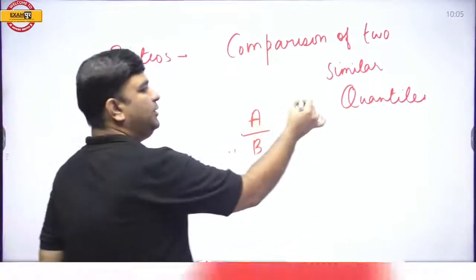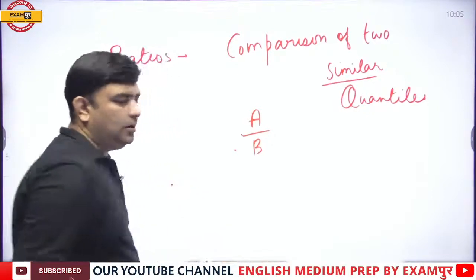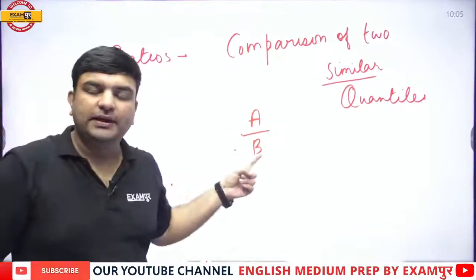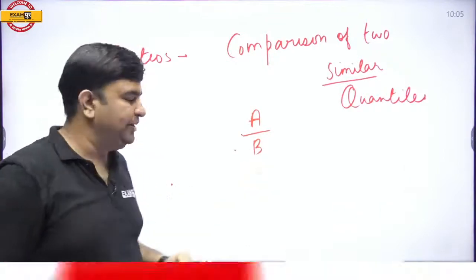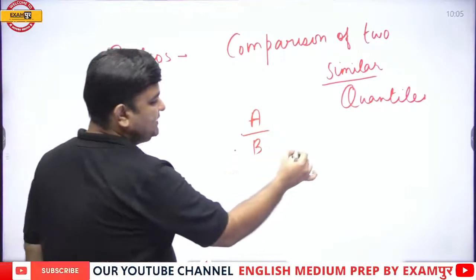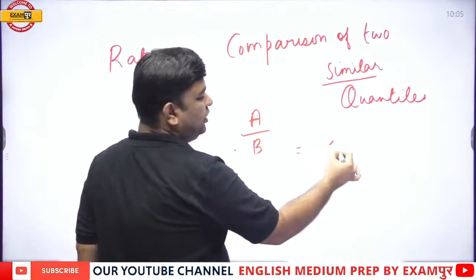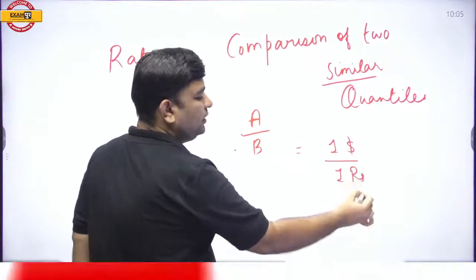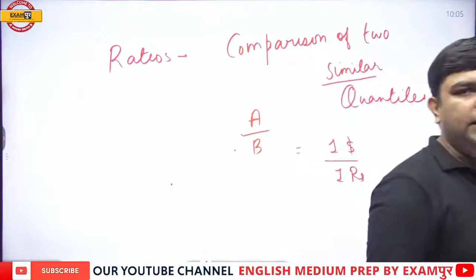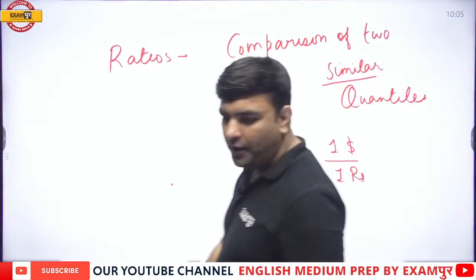Now, what do you mean by similar? Their units, their denominations should be the same. If I say, what is the ratio of $1 over 1 rupee?